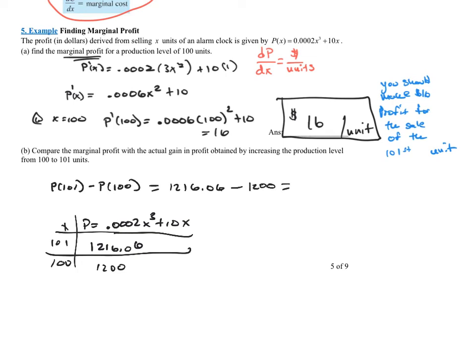I'm getting a total of approximately $16. That's how much the actual change was. So look at our marginal change, which was $16, and look at our actual change. Sorry, that should be $16.06. The realistic change was $16.06.